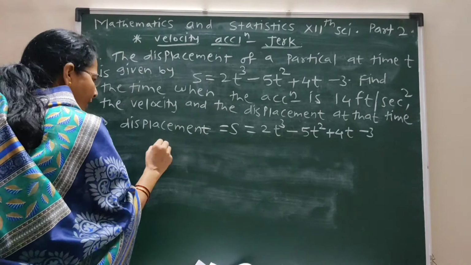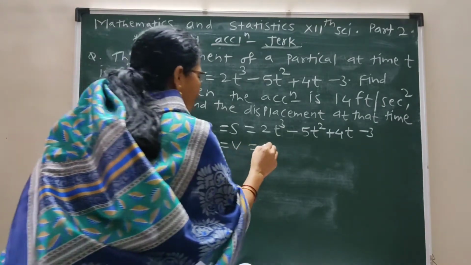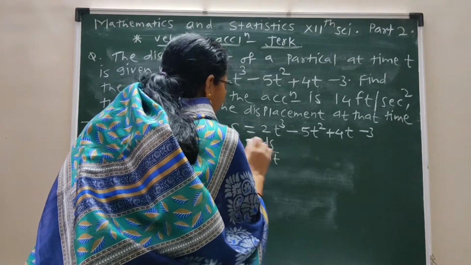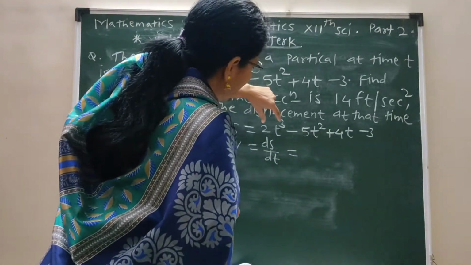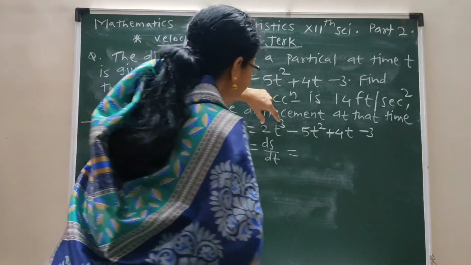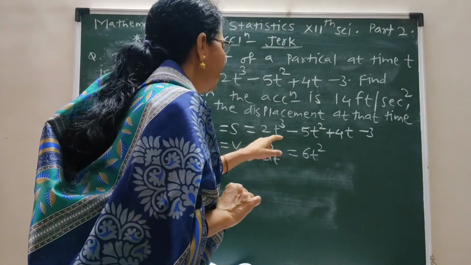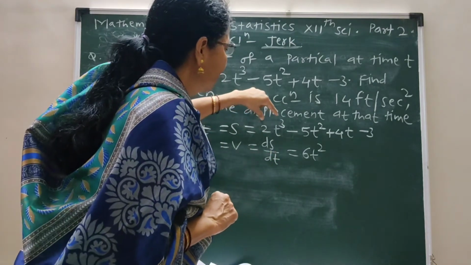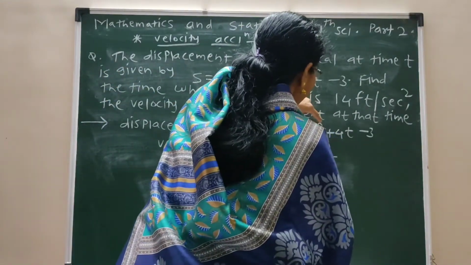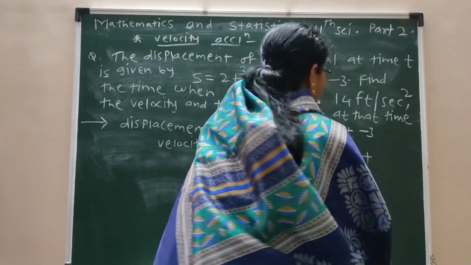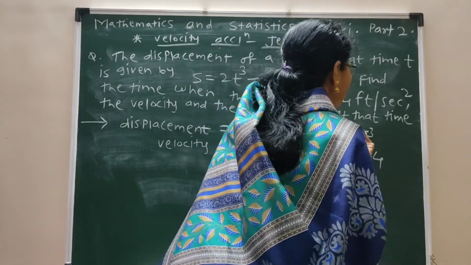That means first we have to find velocity. v is equal to ds by dt. S is a function of t, so take the derivative: 6t square minus 10t plus 4 into derivative of t is 1, that is 4. Derivative of a constant is 0.